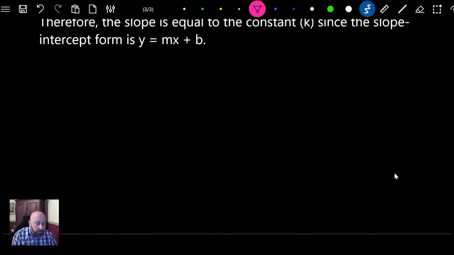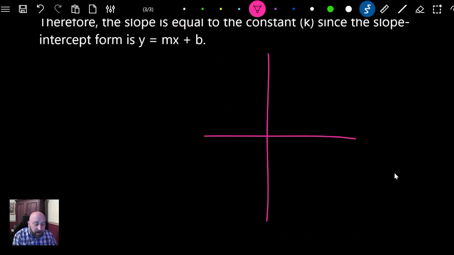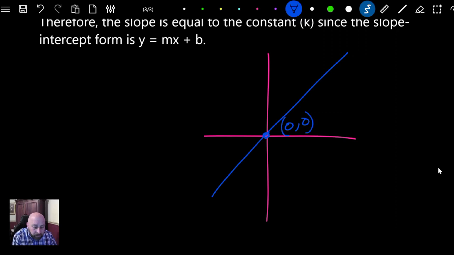Okay, let me show you what that looks like. So if you have a graph and you have a line and it's passing through 0, okay, so here's 0, 0, right? Here's what I mean. This is always going to be the y-intercept. The y-intercept is where it crosses this y line, okay?